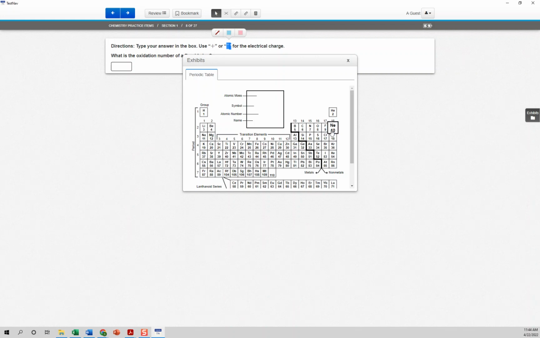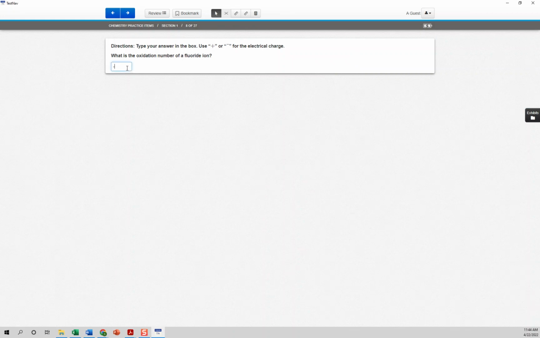If it only has to gain 1 electron, it'll be -1. So remember, +1, +2, +3, and then when we go to nitrogen's group, -3, -2, -1 for the halogens. All right, so we'll go here, -1, and we're good to go.